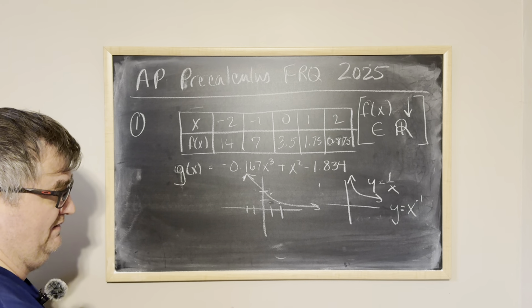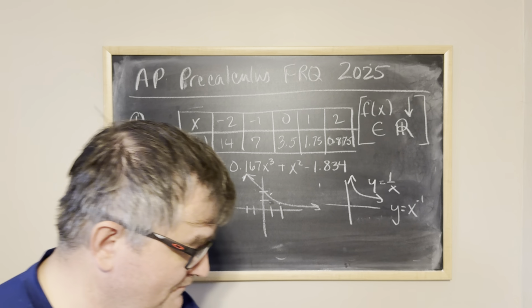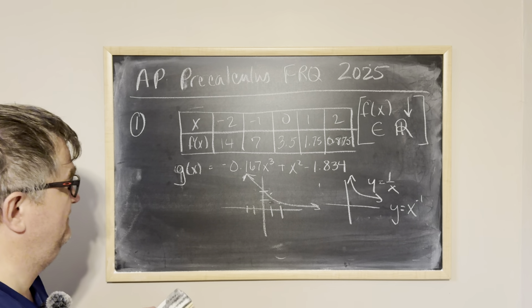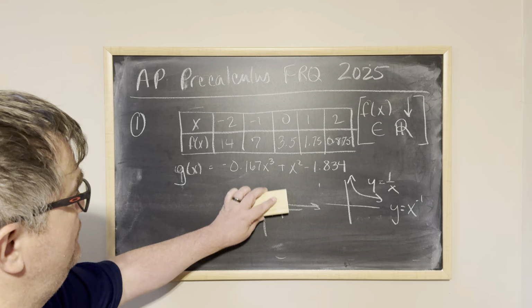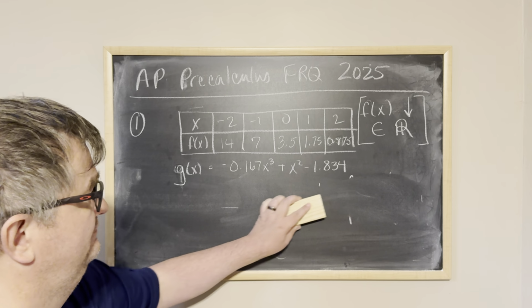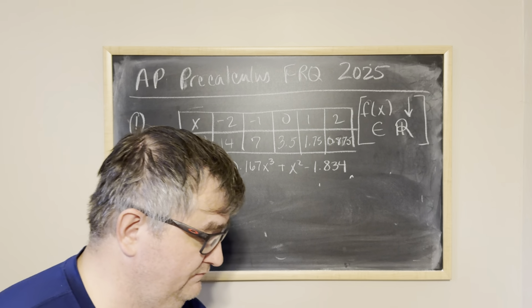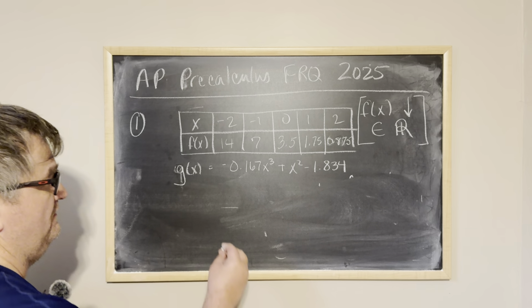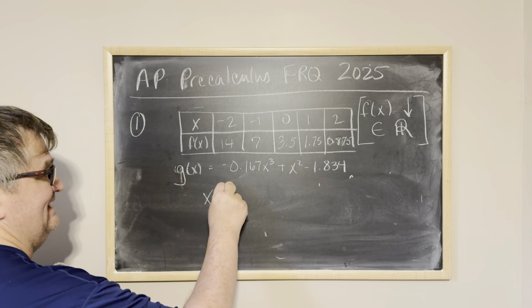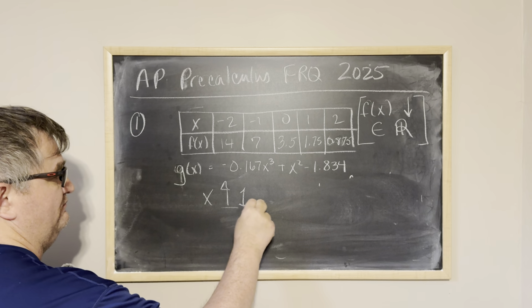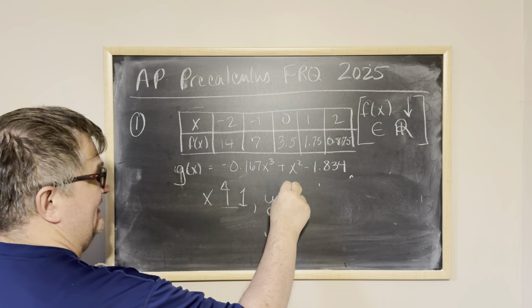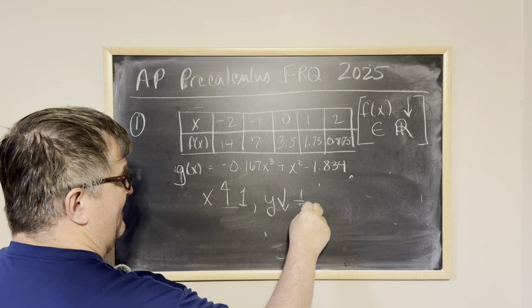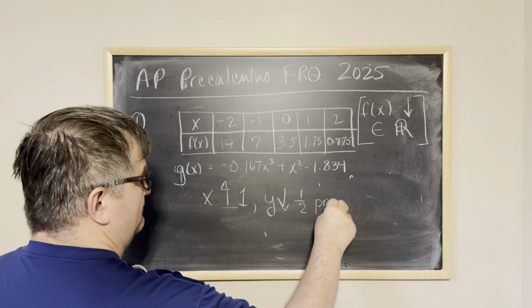And the reason for that is, note that for each value of x, as x increases by 1, y decreases by half of the previous number.